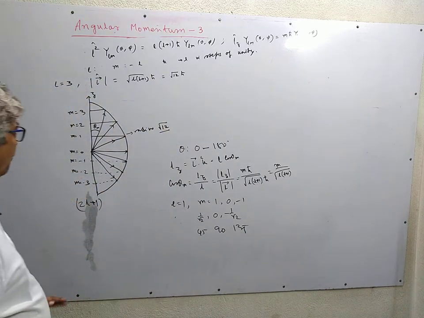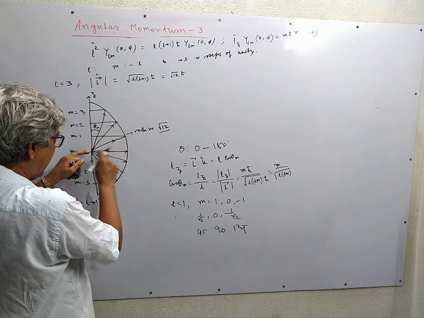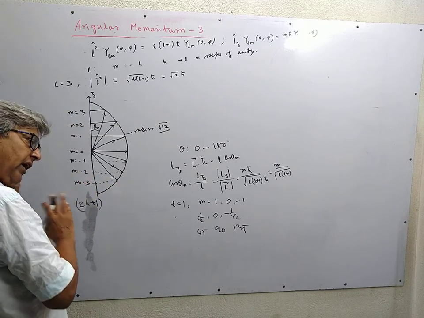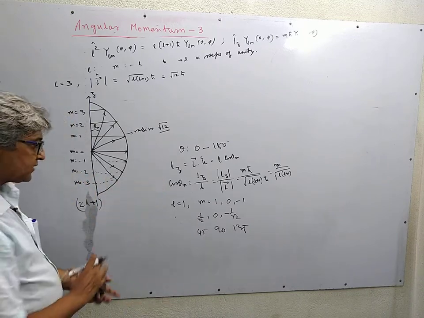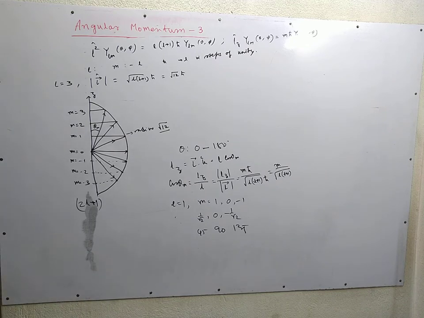So for l equal to 1, the angular momentum can be oriented at 45, 90 and 135 degrees, and there are no other possible directions. This phenomenon is known as space quantization, that is, orbital angular momentum has some discrete orientations in space. As I have already pointed out, no such quantization is available in classical mechanics.